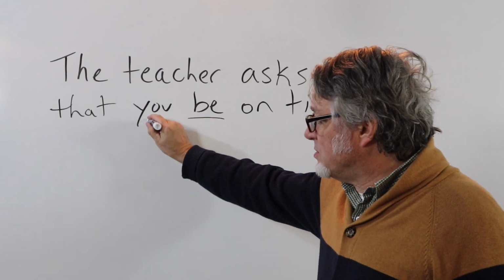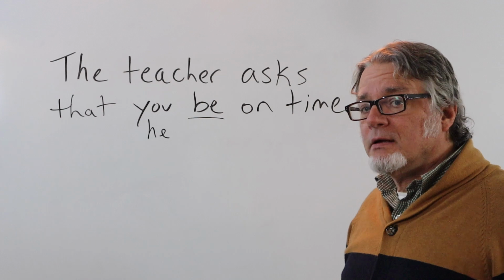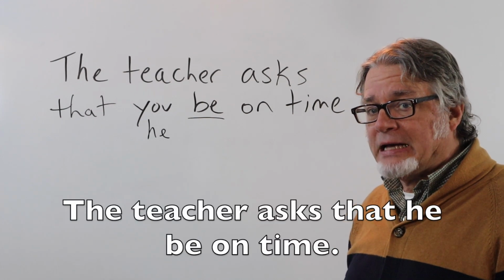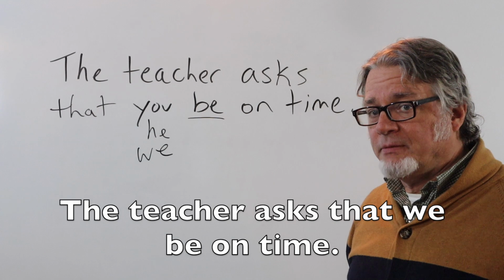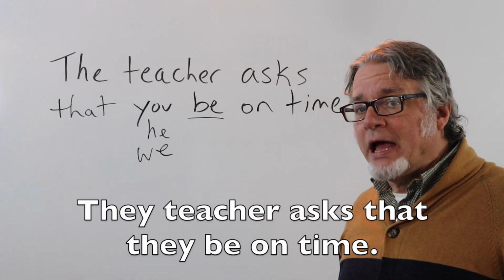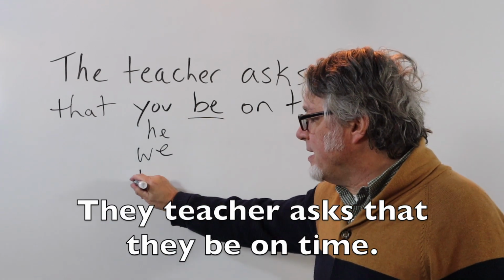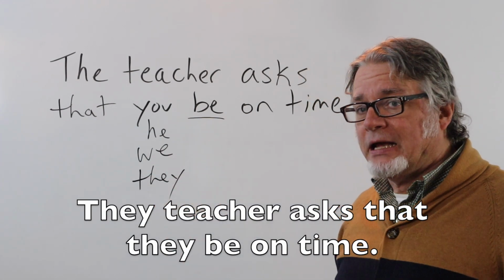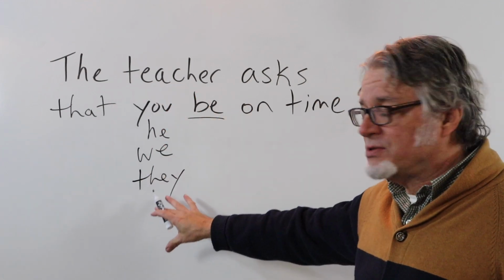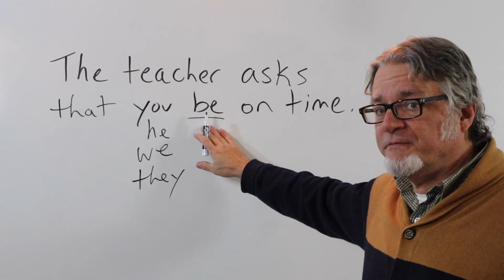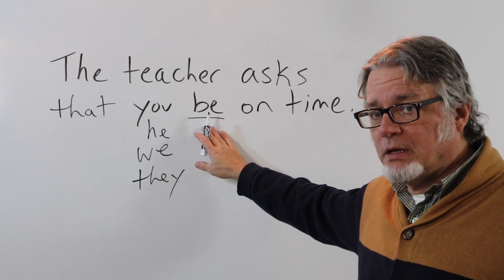We can change it to he. The teacher asks that he be on time. The teacher asks that we be on time. The teacher asks that they be on time. In any of these situations, you're still using the verb in the simple form.